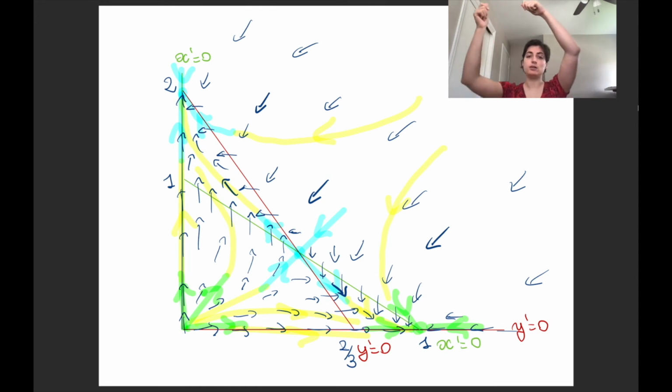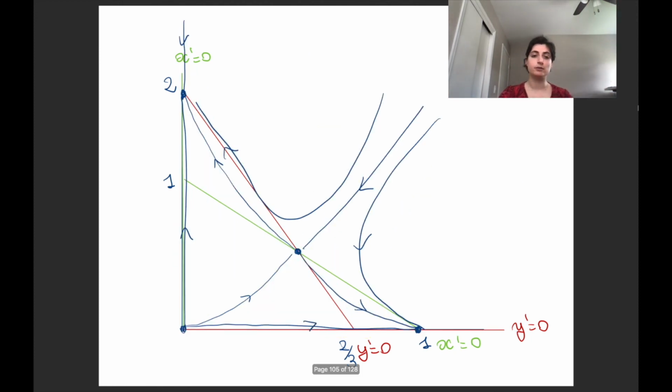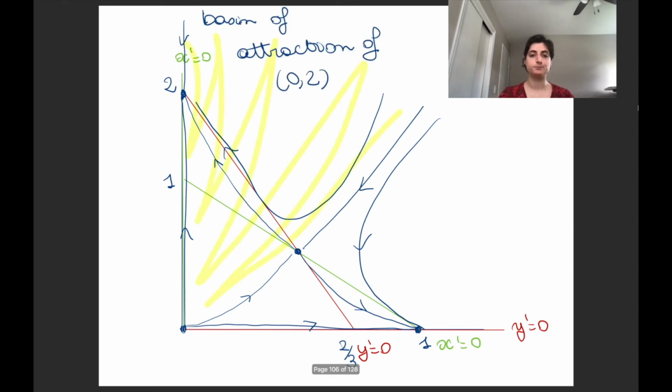So we'll have some elements that come towards (1/2, 1/2) and then move away to the other two stable nodes. We'll have one connection between the origin and (1/2, 1/2), and everything away from it is moving to the two stable nodes. Notice how we can draw this in a more schematic way.